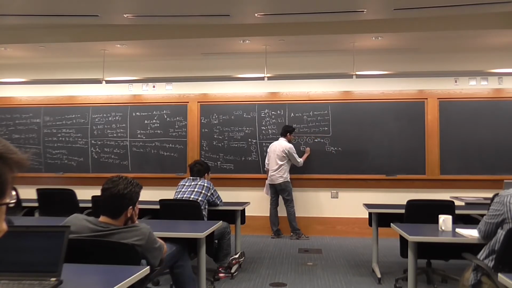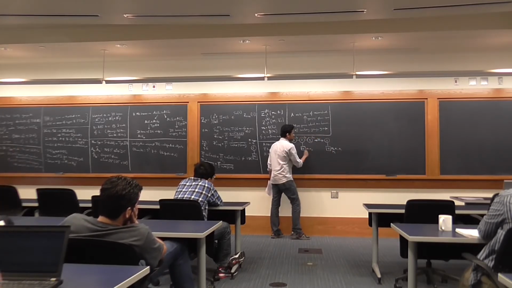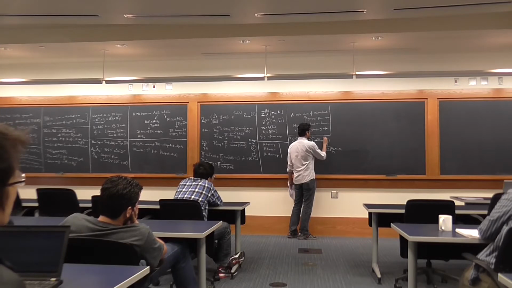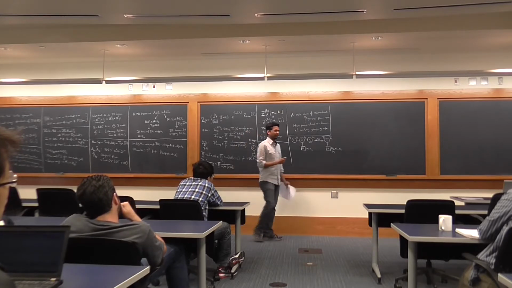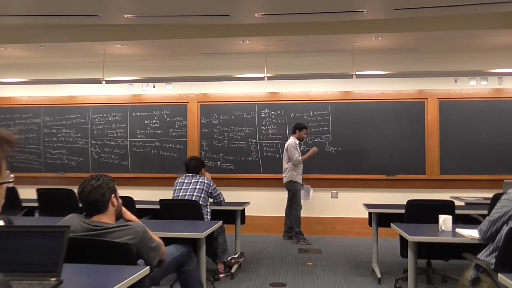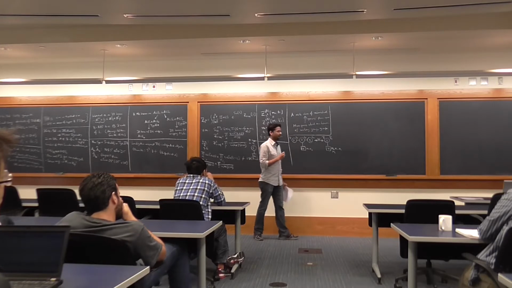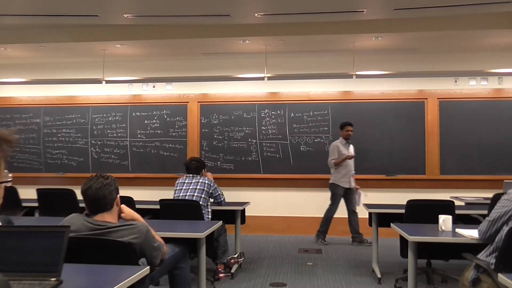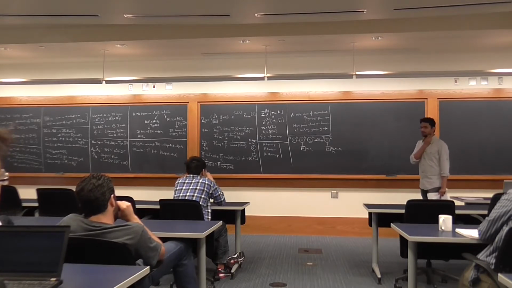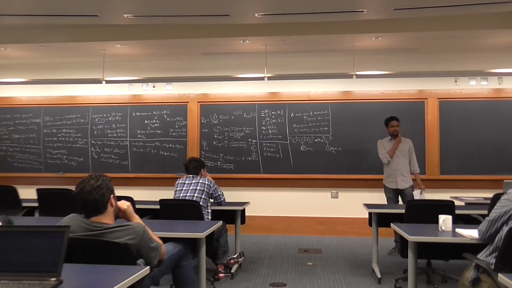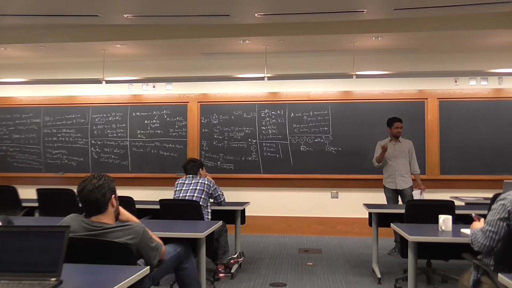And the masses here, M1 and M2, are equal to the FI parameters here. So whenever there's a mirror symmetry between linear quivers, the masses and FI parameters simply get interchanged. The map is a really trivial one.